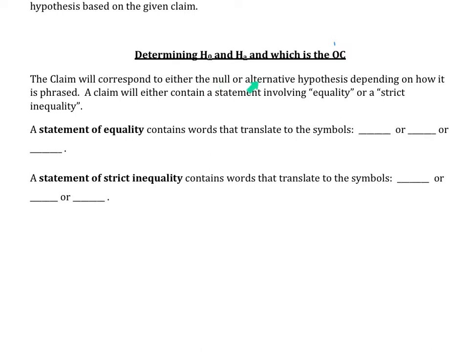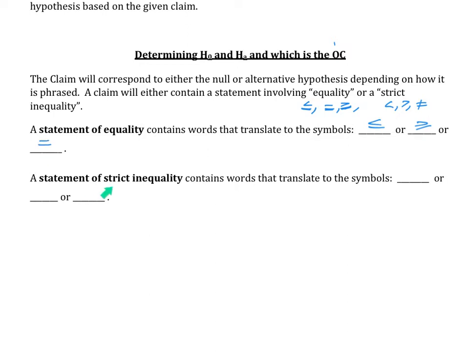A claim will either contain a statement involving equality, which is like the equal sign, or strict inequality, which is the less than or bigger than or not equal to. Equality also includes less than or equal to, bigger than or equal to. So anything that has the equal sign, that extra line. So a statement of equality contains a word that translates to the symbol less than or equal to, more than or equal to, or just strictly equal to.